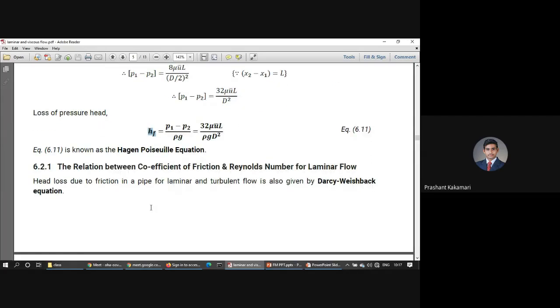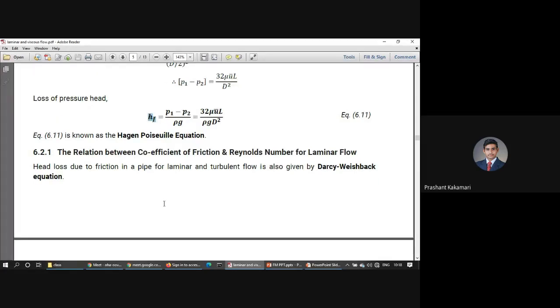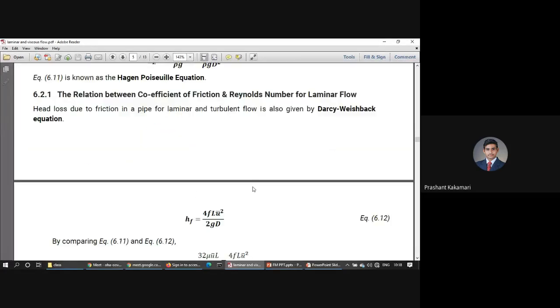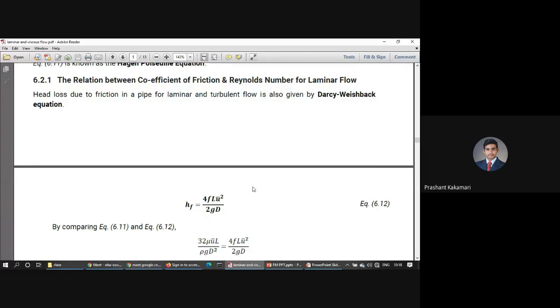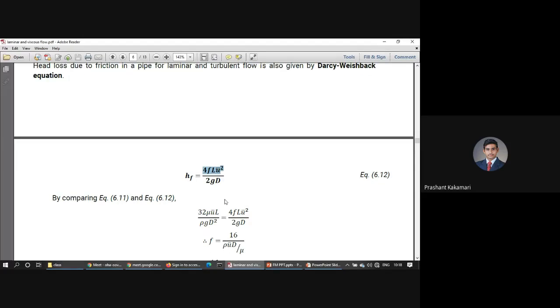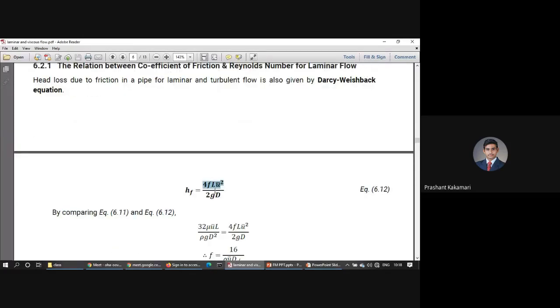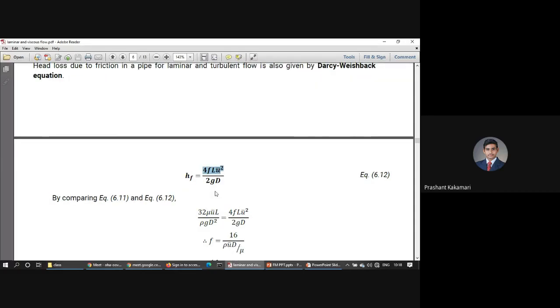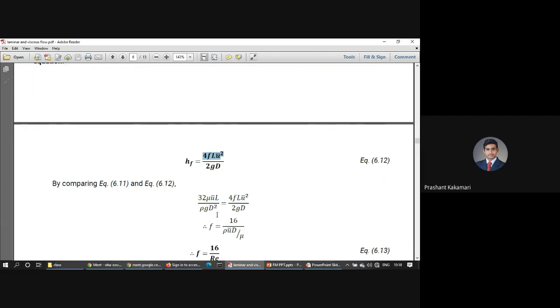And again, in other conditions, laminar and turbulent flow, if you want to find out the head loss due to friction, then you can use 4 f L U bar square divided by 2 g d. This is the Darcy-Weisbach equation, used to find the friction factor. Either you can use the Darcy-Weisbach equation directly, or if you don't know this hf or the diameter of the pipe or any other values, then you can equate these two equations to find the friction factor.